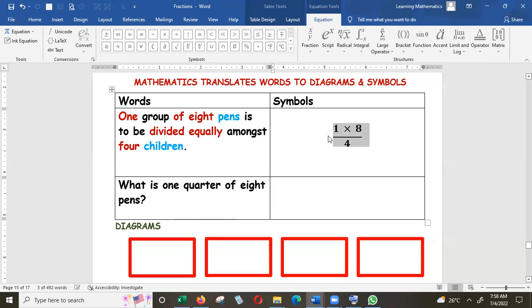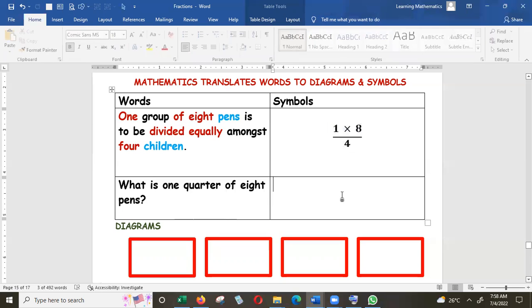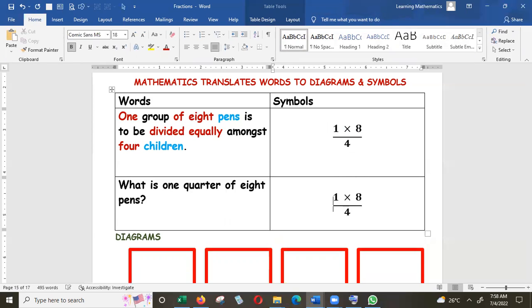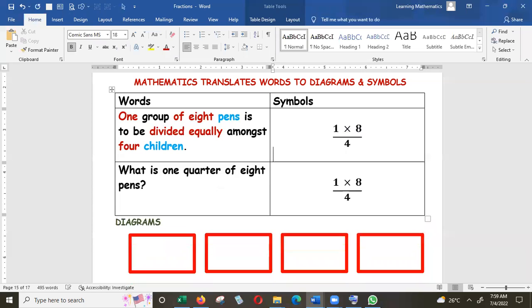Because in English we normally phrase this same meaning different ways. So this can be rewritten and it means the same thing. The times and the 8 can be shifted here.